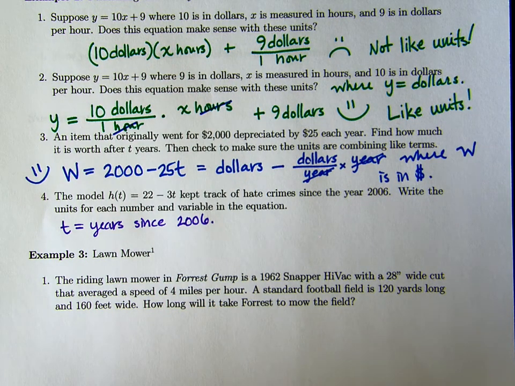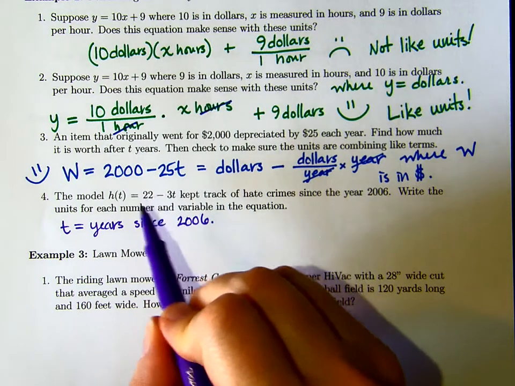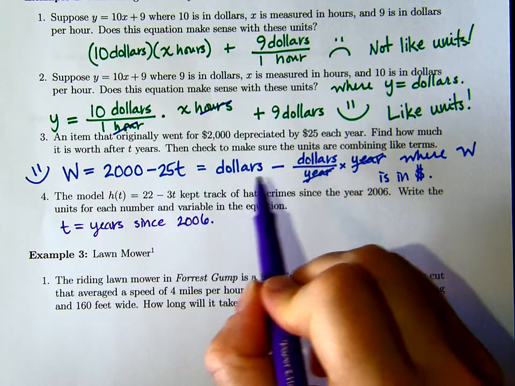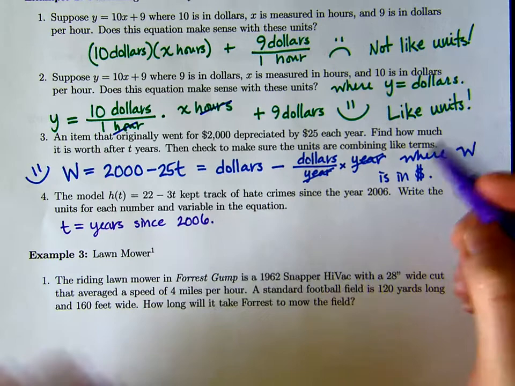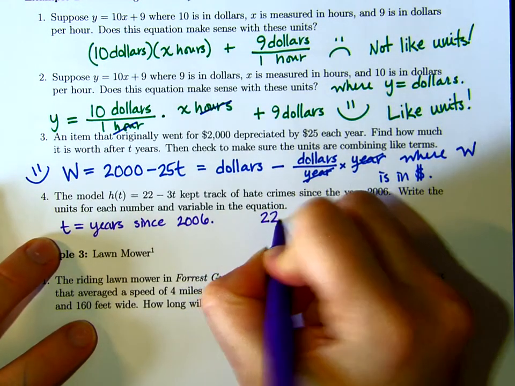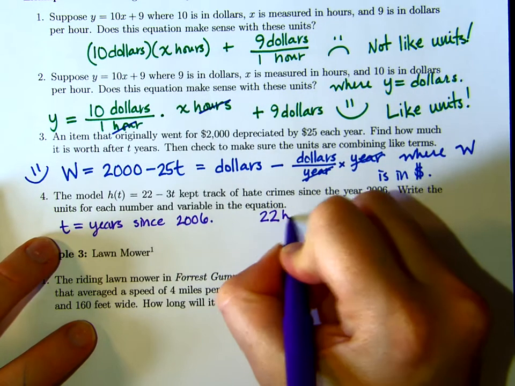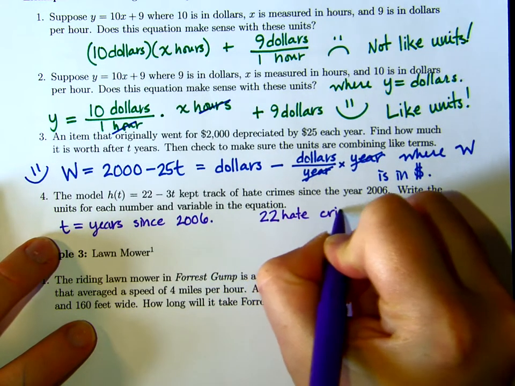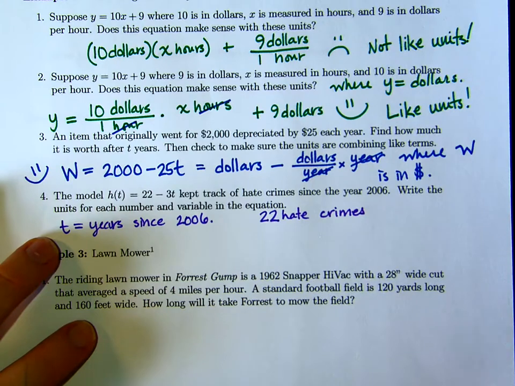And then, so we know what T is, but now we don't know what are the units on 22, and we don't know what are the units on 3. Okay, but I do know that the 22 is an initial amount, and we're keeping track of hate crimes. So the units on the 22 is 22 hate crimes. Yeah, so that's its label or its unit.